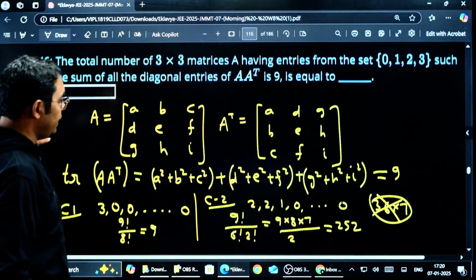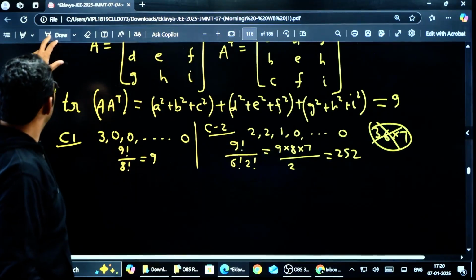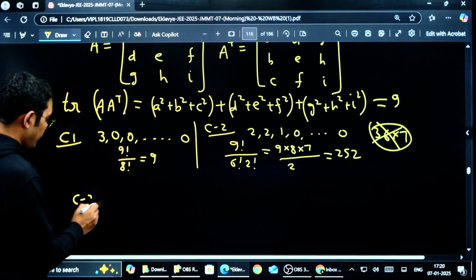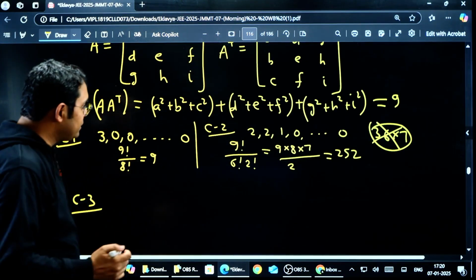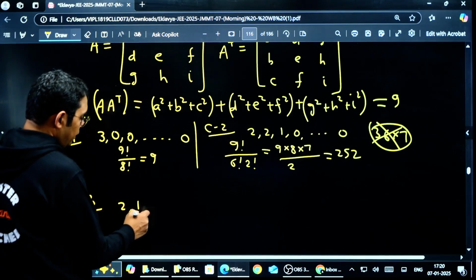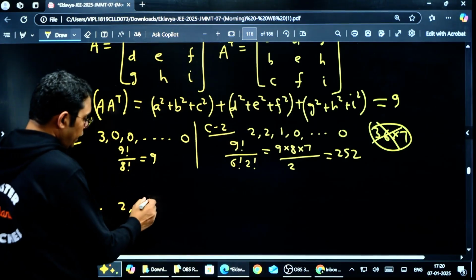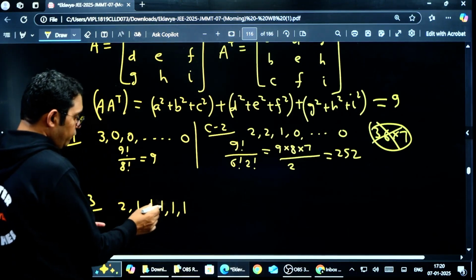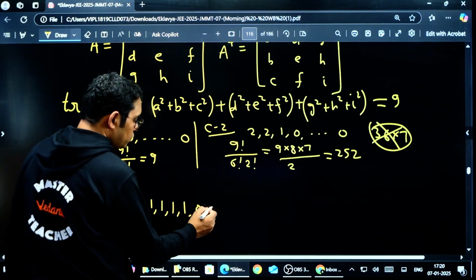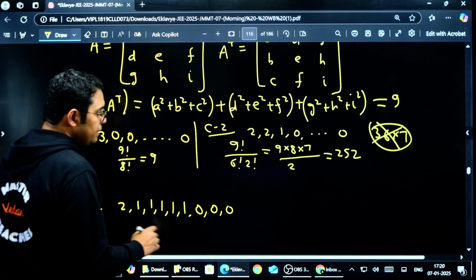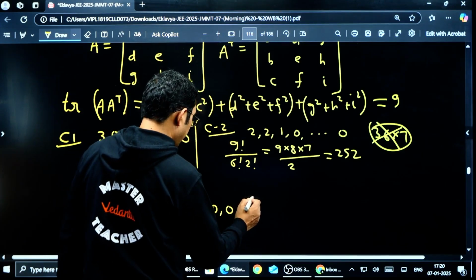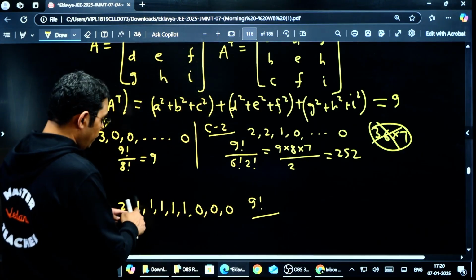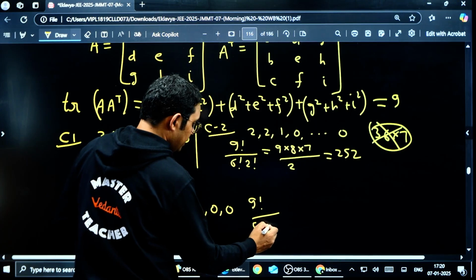And then what is the next possible case? The next possible case could be when I take 2 only once. Then because 2 square is 4, I have to take 5 times 1. So that 5 plus 4 is 9. Already 5 plus 1, 6 elements are taken, so 3 zeros will be taken. And in this case, total numbers would be 9 factorial upon 5 factorial for the 1s and 3 factorial for the 0s.